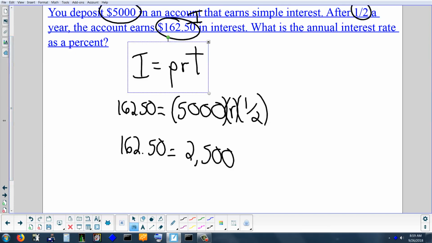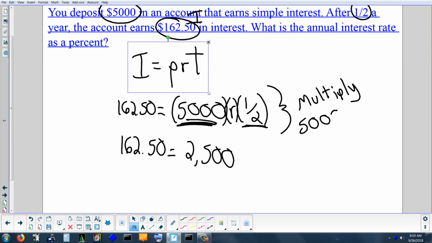I can multiply these two things. Oh, I messed that up, guys. I'm sorry. Don't write that. It should be multiplying.